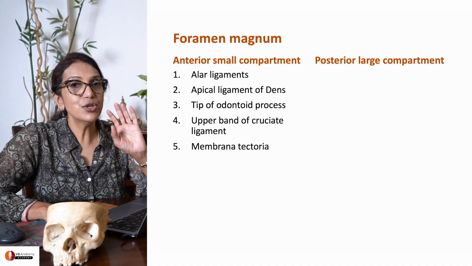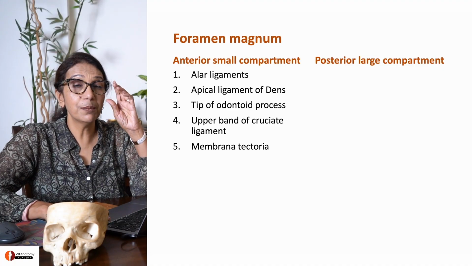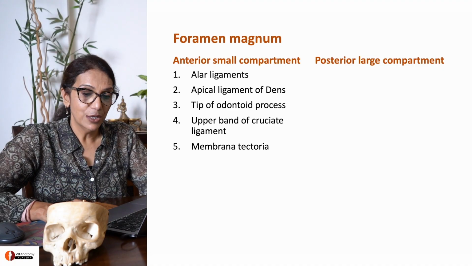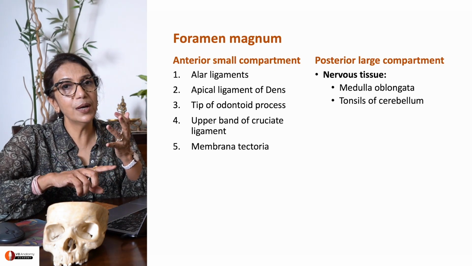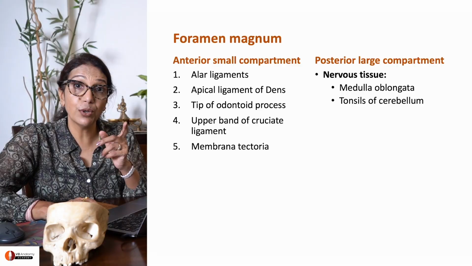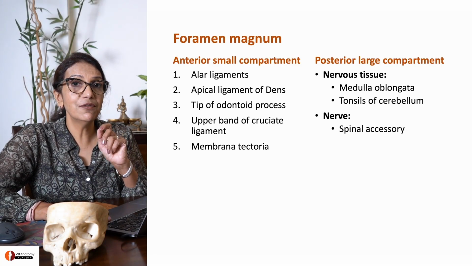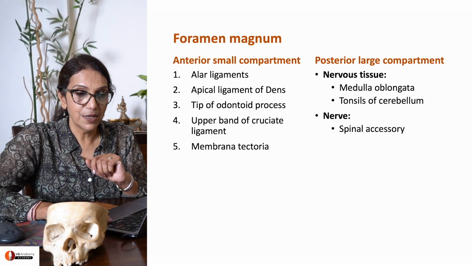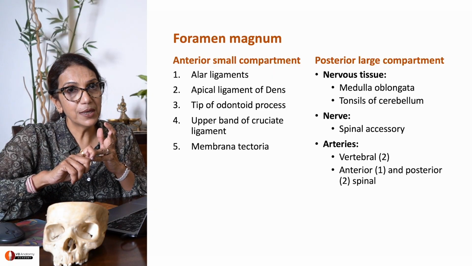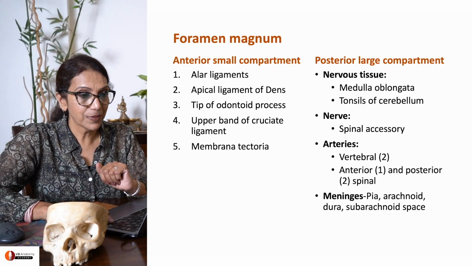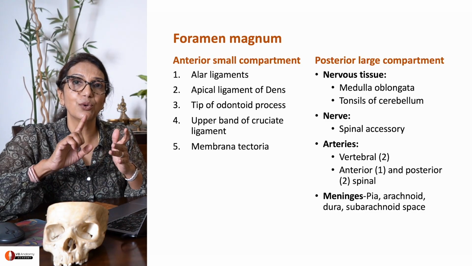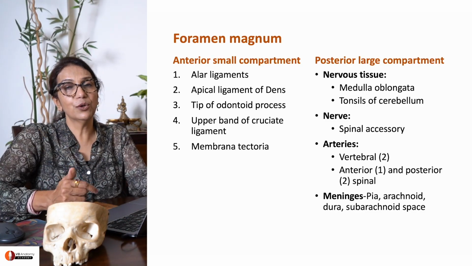Got it? Posterior large region is a little difficult to remember because there are so many structures. So what you do is you divide it into nervous tissue: medulla oblongata, sometimes tonsils of cerebellum; nerve: spinal accessory nerve; arteries: two vertebral arteries, two posterior spinal arteries, one anterior spinal artery; meninges: pia, arachnoid, dura, along with subarachnoid space.